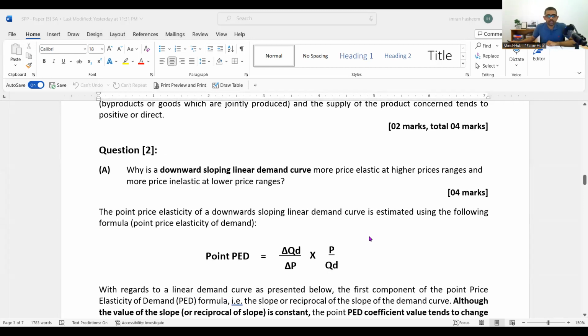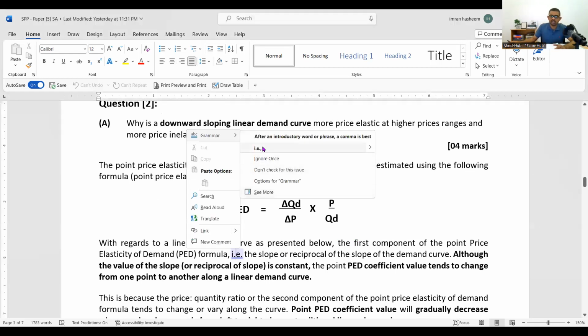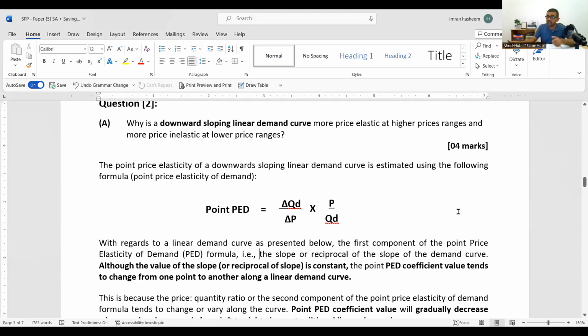Question 2, so it's on elasticity now. Why is a downward sloping linear demand curve more price elastic at a high price range and more price inelastic at a lower price range? A classic, very common question, but still there are certain weaknesses and limitations shown by students when they present answers.